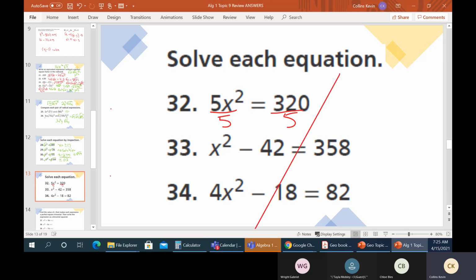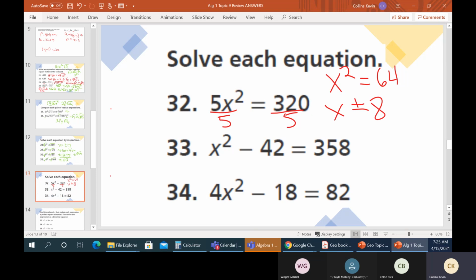So again, we did that, and we said, okay, so x squared is going to be 64. Cool. And then x is just going to be plus or minus the square root of 64, which is just 8. So that's our guy. Now, like I said, I can see my pen is definitely lagging today.